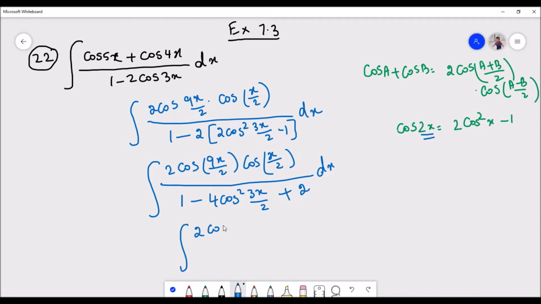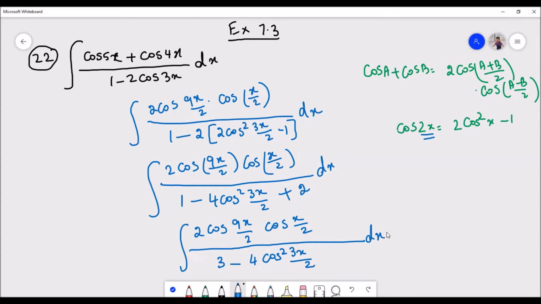So let me write as it is: the numerator is 2 cos 9x by 2 into cos x by 2, whole thing divided by 2 plus 1 is 3, 3 minus 4 cos square 3x by 2, dx.